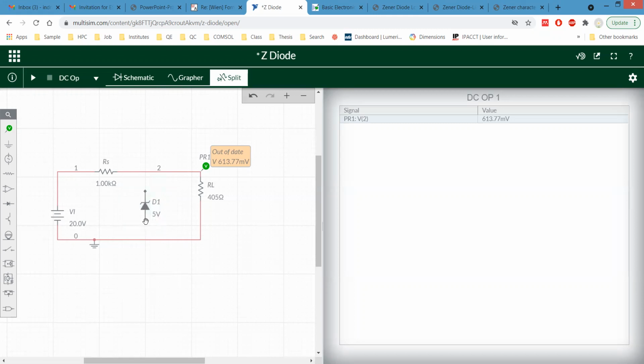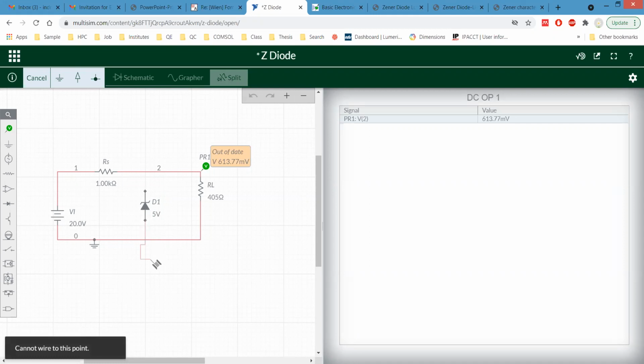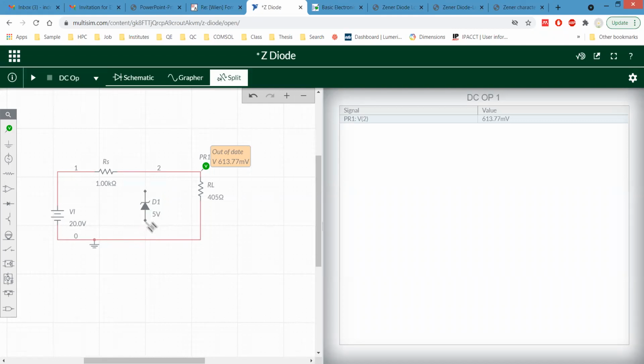You should tell me at least that. Okay, so now make the cathode connected. Okay, good.